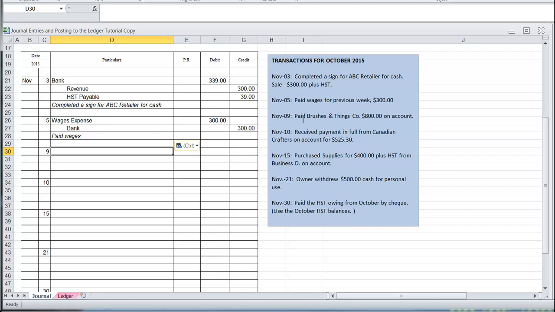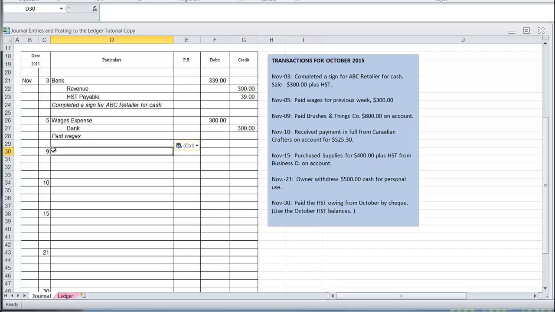On November 9th, paid Brushes and Things Company $800 on account. So this sign maker must have bought previously some supplies from this Brushes and Things Company, and they're paying off that account payable.